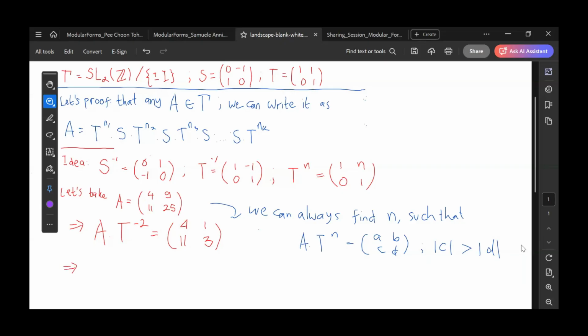Now, if we multiply this with n, what we have is that this will become -1, 4, -3, 0.